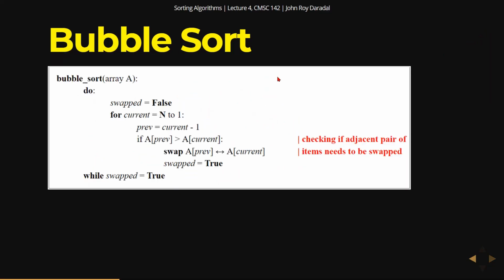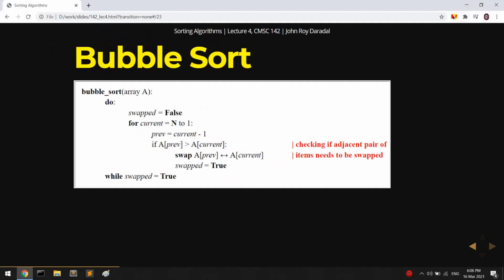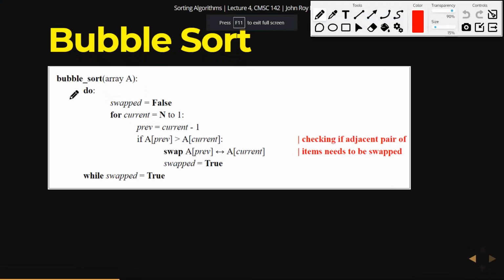Okay. Now the more detailed version of the pseudocode for bubble sort is seen here. So you have a boolean flag, swapped, which is equal to false first, and then from n to 1, you have previous is the current minus 1, and then check if we need to swap them.